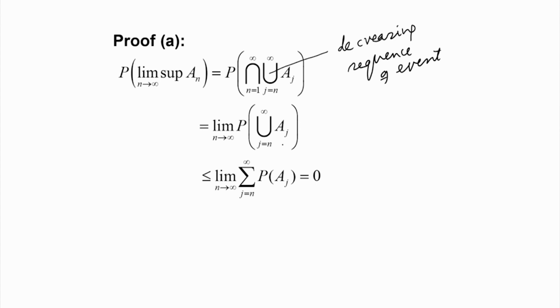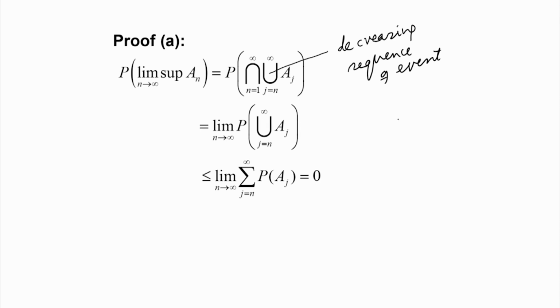So this we got by using the continuity theorem, and now we apply the earlier inequality we developed. Therefore, this union is less than or equal to the sum of the respective probabilities, as n tends to infinity: the limit as n tends to infinity of the sum of P(A_j), j going from n to infinity.